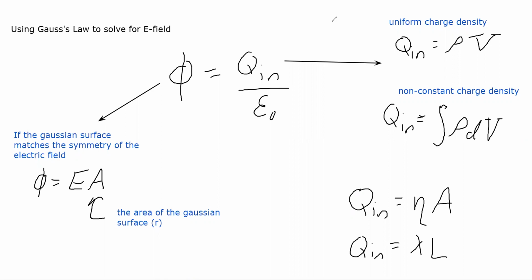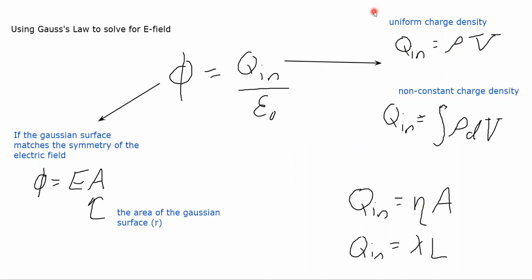Typically, we do look at volume charge density more often than not, but these do come up occasionally. Right, the eta for surface charge density and lambda for the linear charge density. Okay, so all this here is to find the charge inside my Gaussian surface.